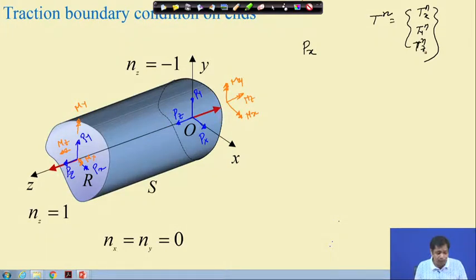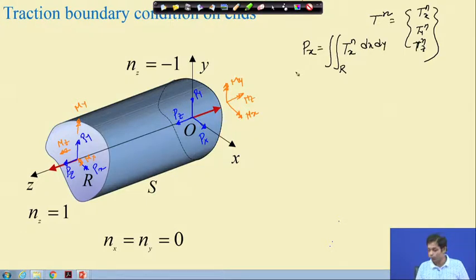Now, if I have to write Px, this traction is defined at a particular point and has to be integrated over the entire area, and we get the total force in x direction. So Px will be the integration over the entire area R of Tnx dx dy.